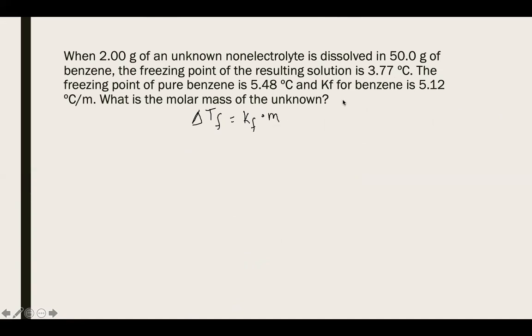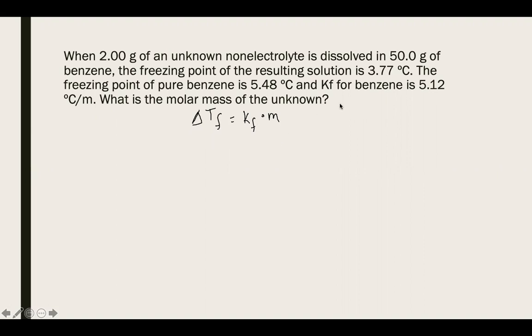What we're given here is 2 grams of an unknown electrolyte dissolved in 50 grams of benzene. We're given a new freezing point, we're also given the initial freezing point, and we're given our KF value. But we're not searching for anything within this freezing point equation.